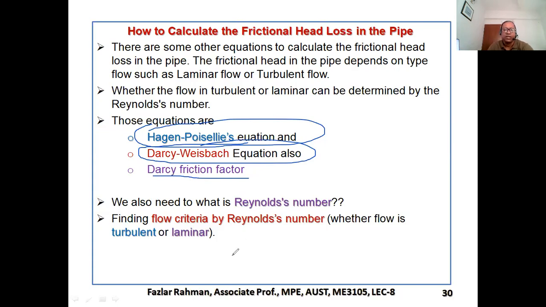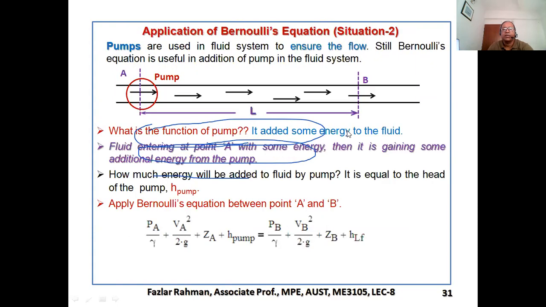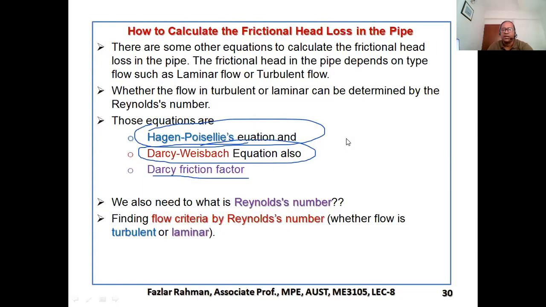Now, in the previous slide, you know that frictional loss depends on the type of fluid. That means the viscosity of the fluid. You know this is the data; you can look in the handbook or property table of the fluid to find the viscosity.